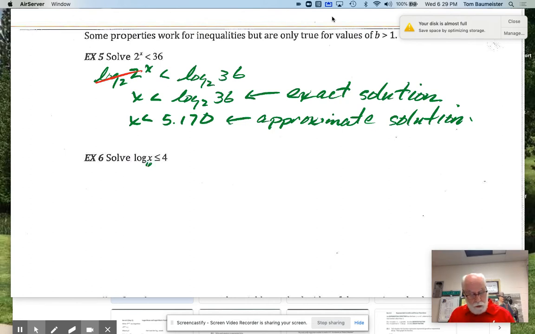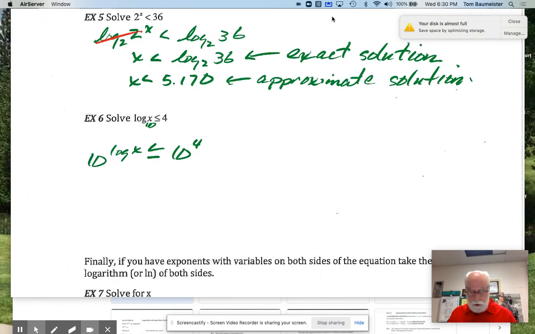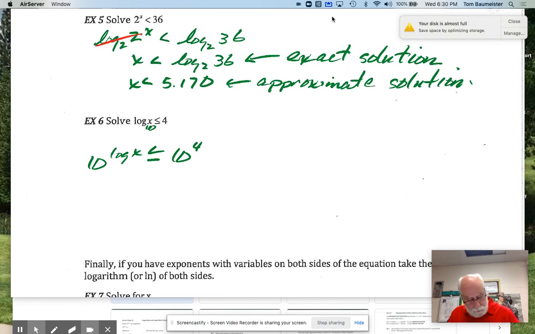So if it's like log to the base 10, you can tell me 10 to the log x, and since I wrote it as an exponent, I have to write the other side as an exponent. So I'll say 10 to the log x is less than or equal to 10 to the fourth. So x is less than or equal to 10 to the fourth.